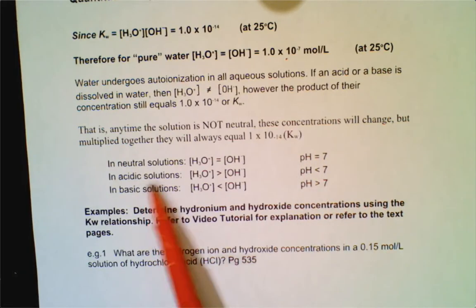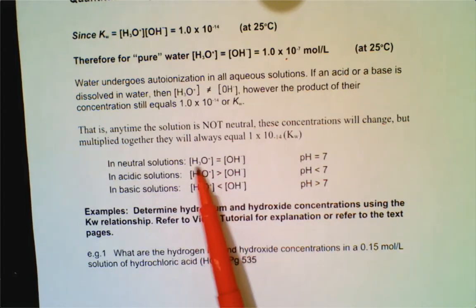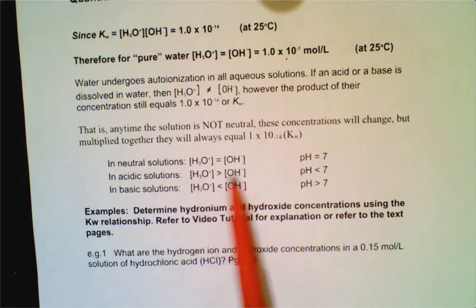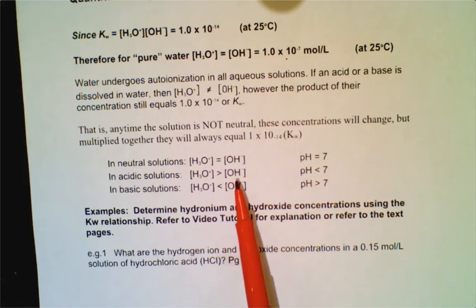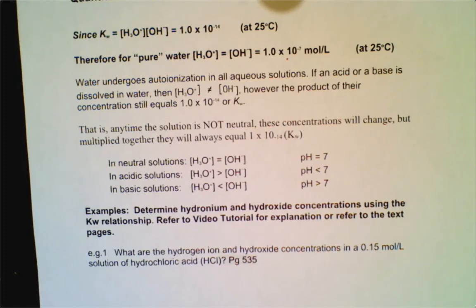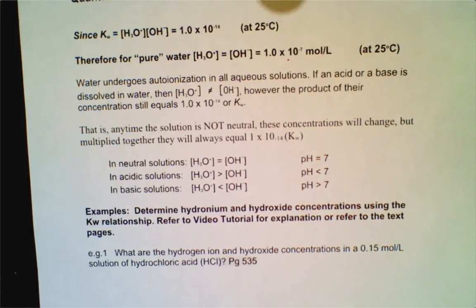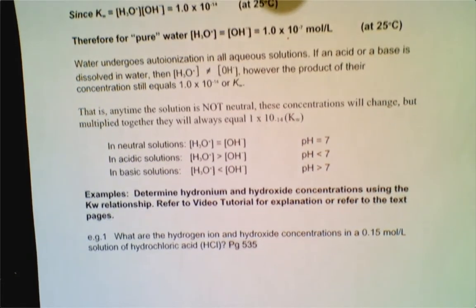If something is acidic, we know that the concentration of hydronium ions must be greater than the hydroxide ions, so the pH is less than 7. We don't know the exact pH, but we know that it is acidic in nature, and vice versa for the other combination. So let's see how we can use the autoionization of water constant to help us determine whether something is acidic or basic.